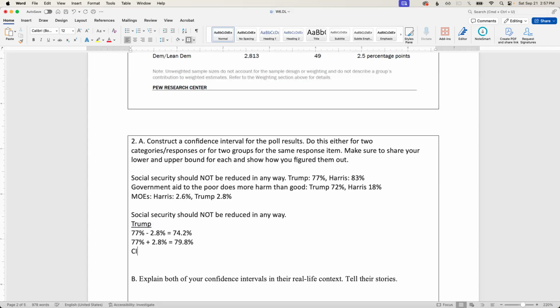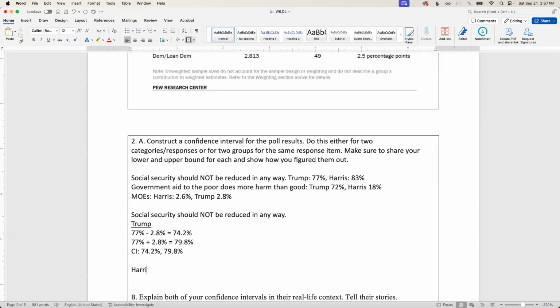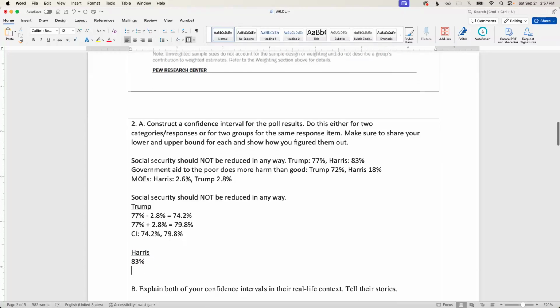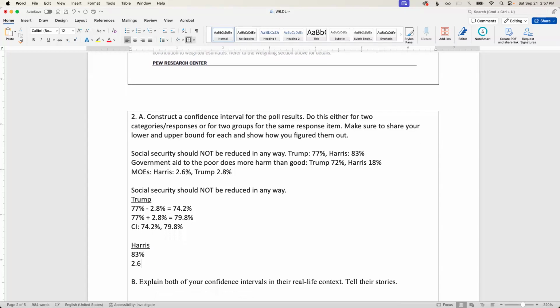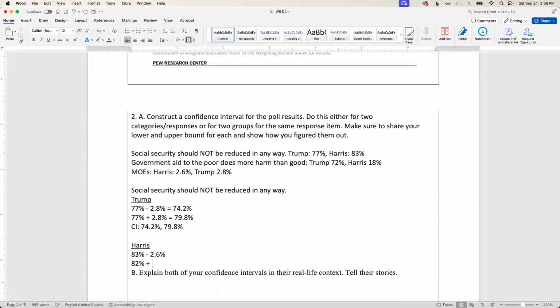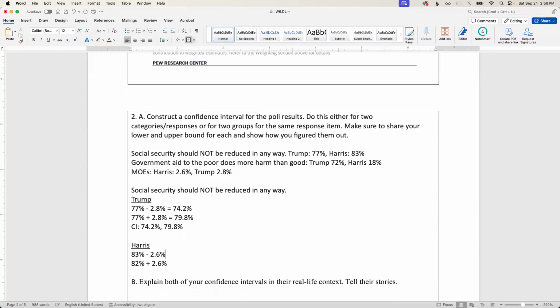And so my confidence interval is 74.2% to 79.8%. And for Harris, my proportion was 83%, and my margin of error was 2.6%. So I'm going to do 83% minus 2.6% and 83% plus 2.6%.